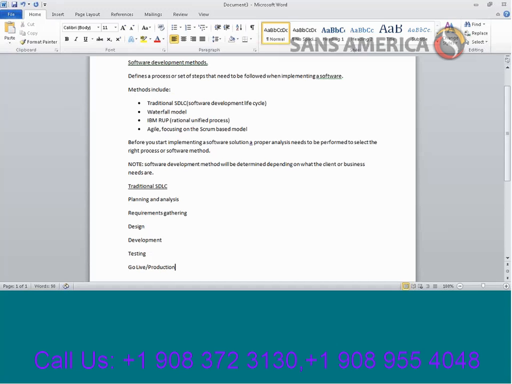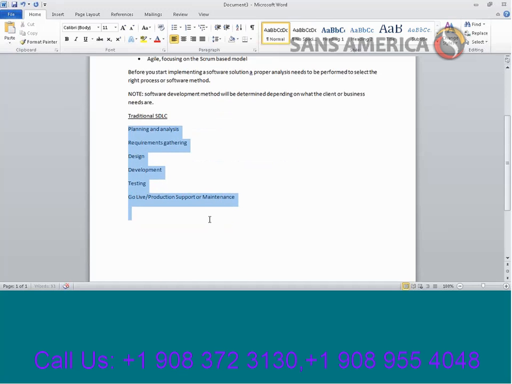Okay, so the phases implemented as part of the traditional SDLC are planning and analysis, number one, followed by requirement gathering, design, development, testing, and go live.